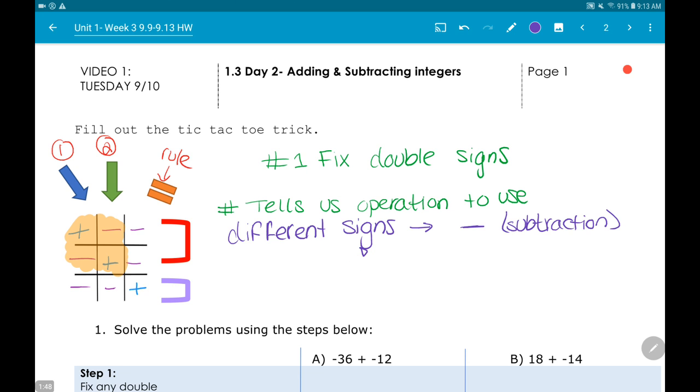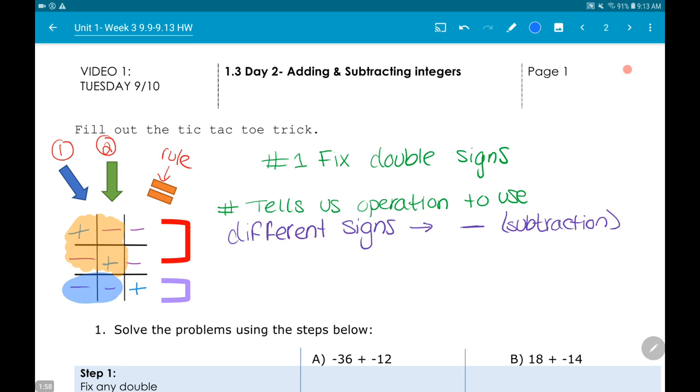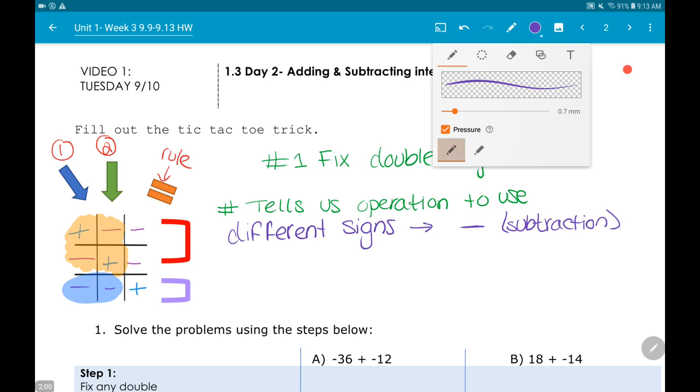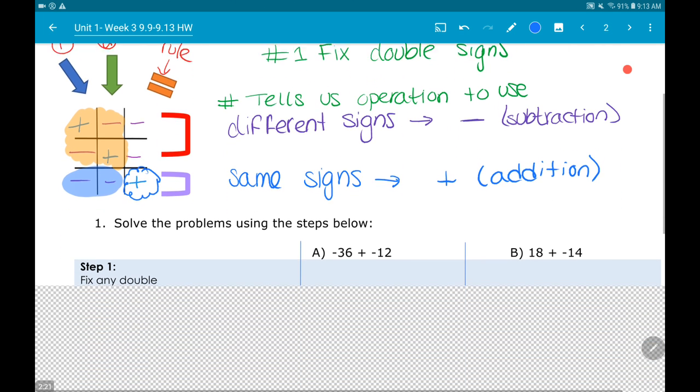Now if I look at the bottom row, those are the same signs. And our rule tells us now we're going to use addition or a positive. All right, so let's go ahead and practice this.